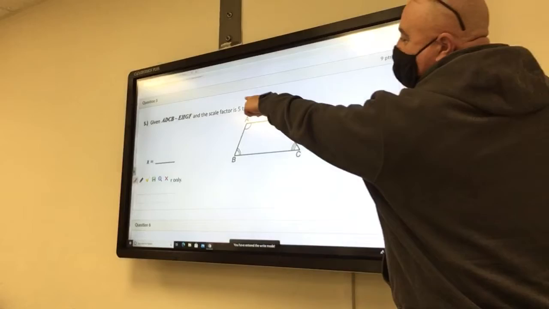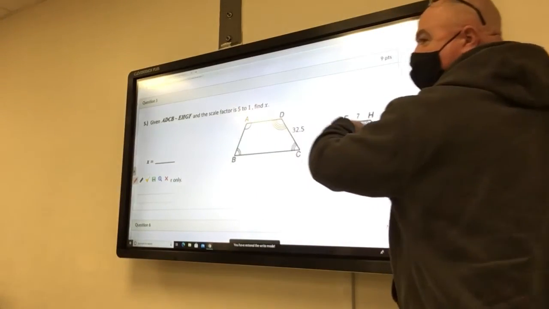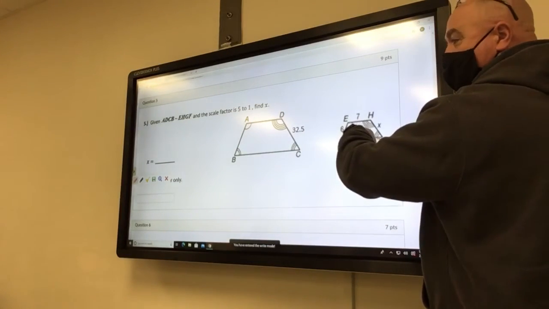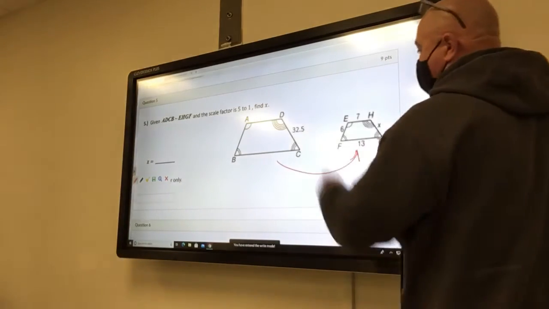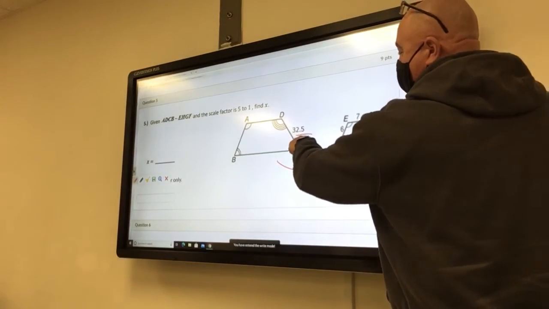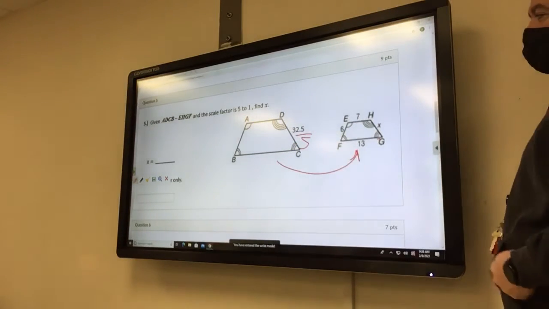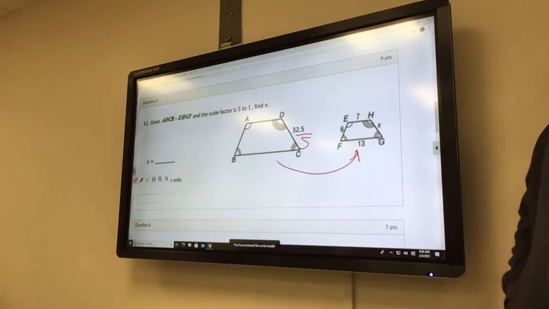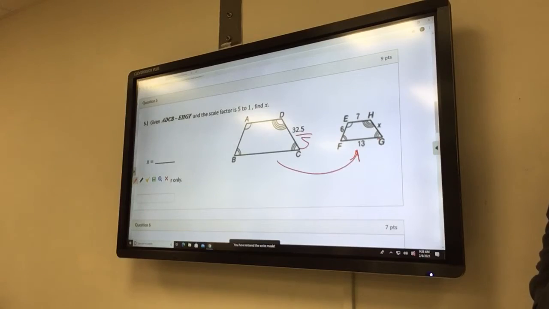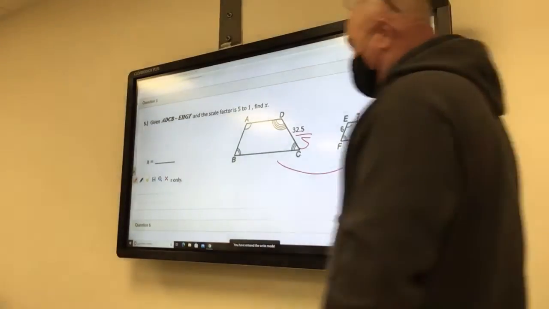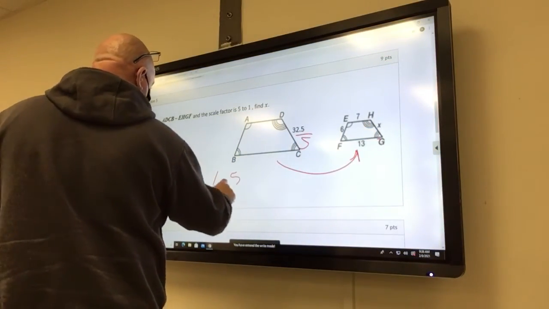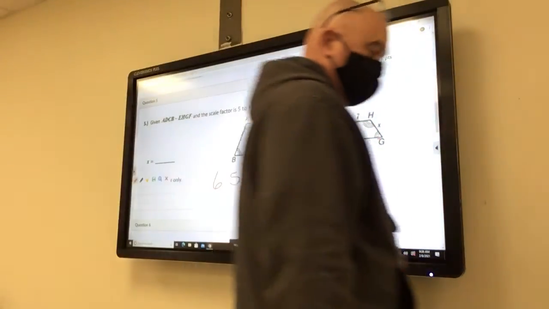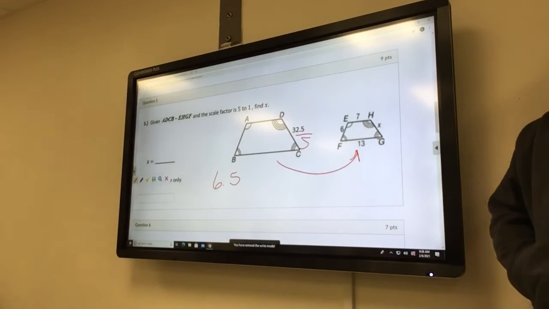We're going from ADCB to this one right here, correct? That's how it says. All you have to do is take this and divide by 5. 32.5 divided by 5 is 6.5. 6.5 is my answer.